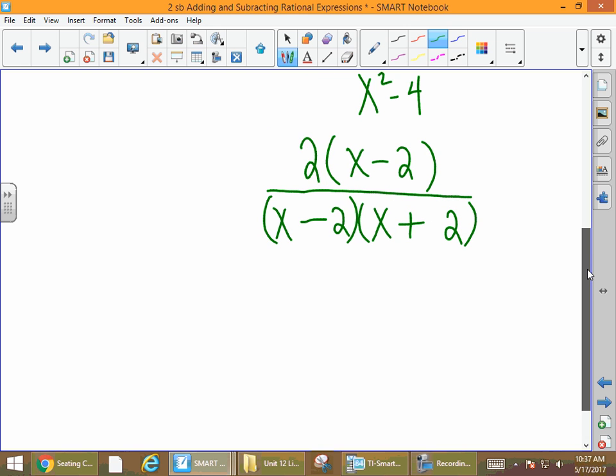Do we have anything exactly the same on the top and on the bottom? And we've got an x minus 2. x minus 2 divided by x minus 2 is 1. And we get 2 divided by x plus 2.